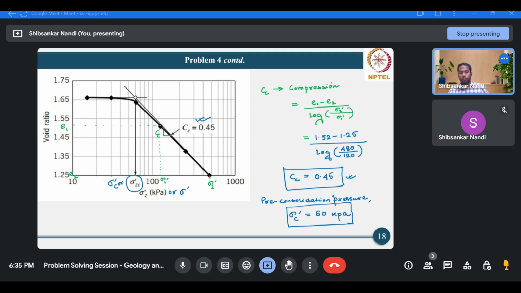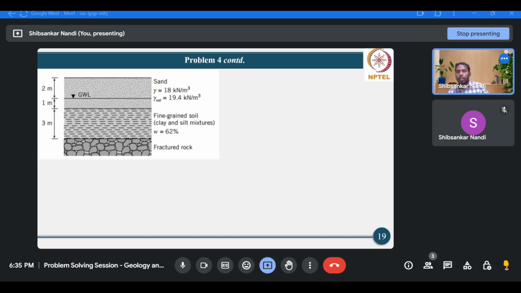Sigma 0 prime, as you know, is calculated at the mid depth of this fine grained soil. For that calculation, you must know the individual unit weight of sand and fine grained soil. For sand, the bulk and saturated unit weights are directly given, but for fine grained soil it's not given, so we have to calculate it first.